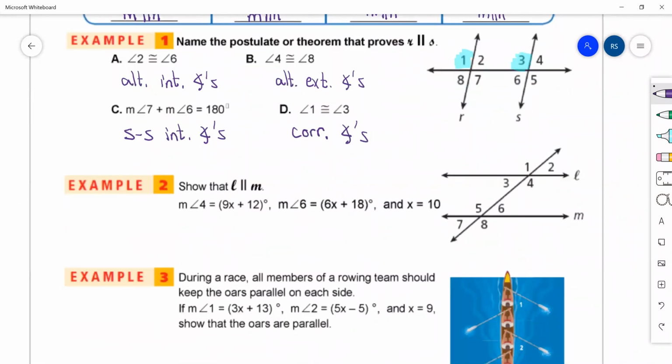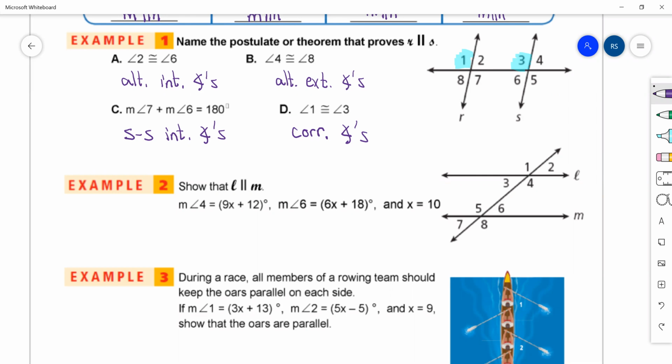Okay, next example. We have to show that line L is parallel to line M. So they tell us that the measure of angle 4 is equal to 9x plus 12 degrees, and that the measure of angle 6 is equal to 6x plus 18 degrees, and that x is equal to 10.